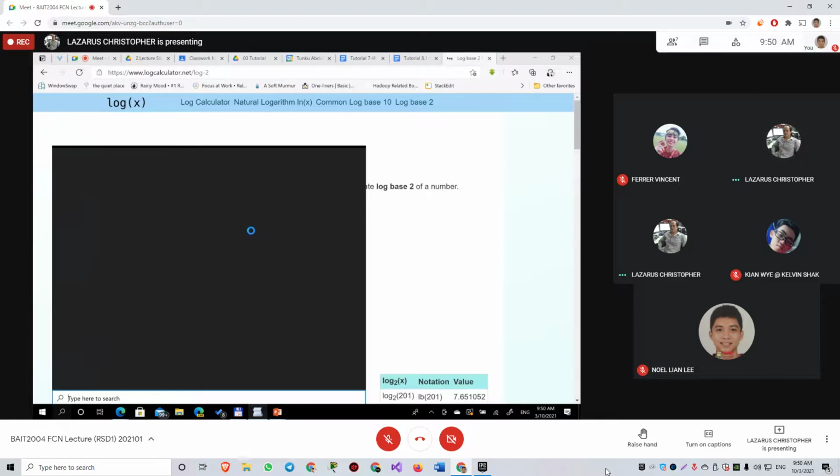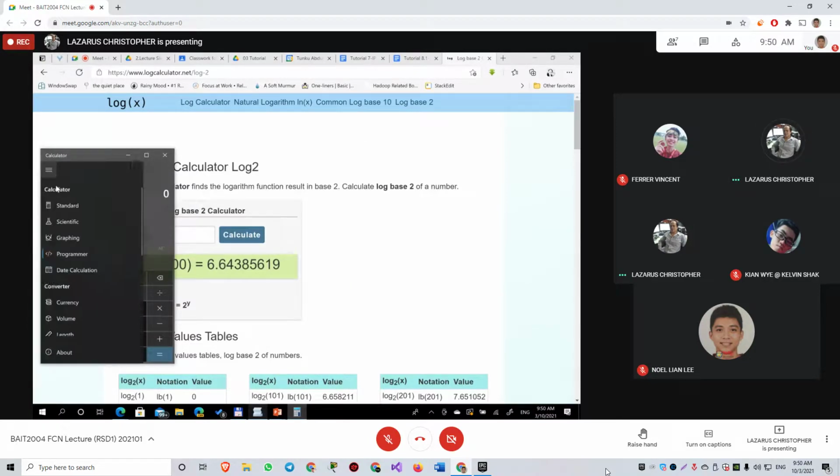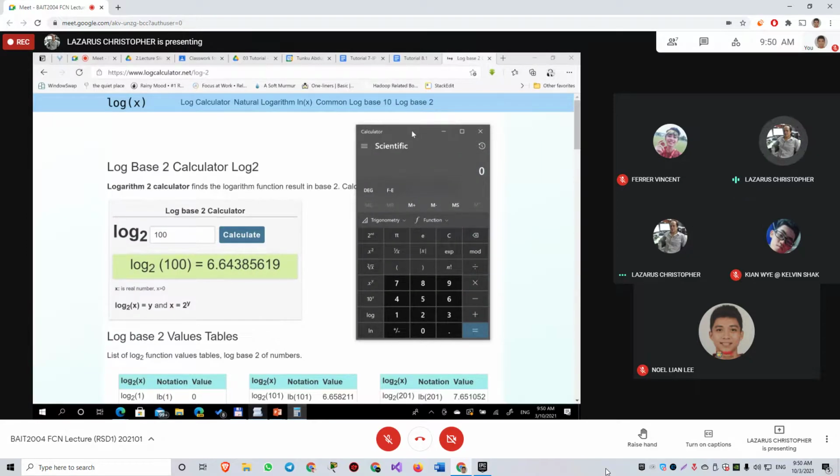So if I do the 2 power n calculation, here you can see that is 100, right? And you get 6.6, or round it to 7. So let's try 2 power 7. What does it give us? 2 power 7, yeah, 128. 128 can cover 100, right?